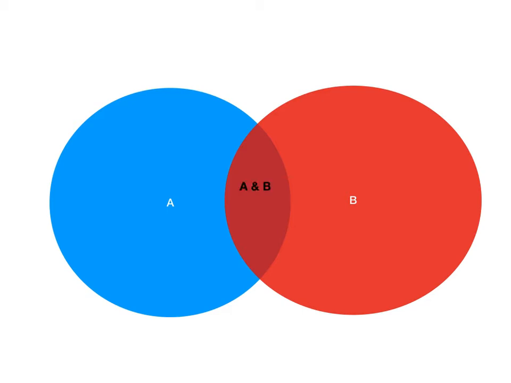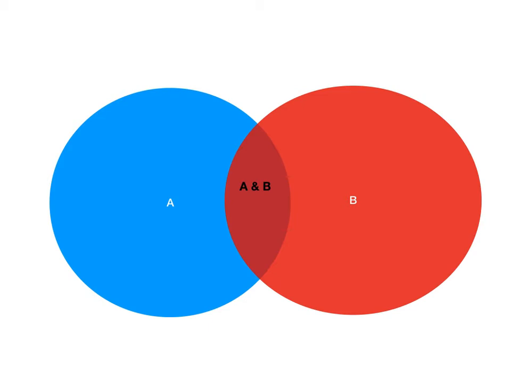Well, now look. A and B is the overlap between these two circles. Before you said A and B, you had this A circle and this B circle. Once you say A and B, you have narrowed yourself down to just this little sliver of both. We're not even talking about probabilities, but obviously the A and B section, the little section where both of these are true, is way smaller than either of our circles.